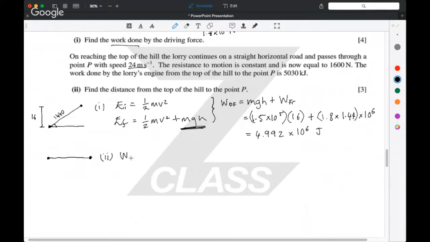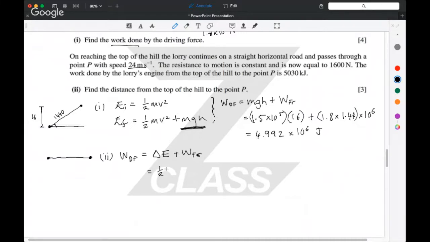So the work done by the driving force, again, is equal to the change in internal energy plus the work done for friction, right? So the change in the internal energy is the change in the kinetic energy.